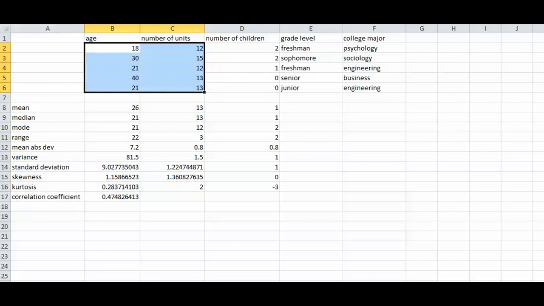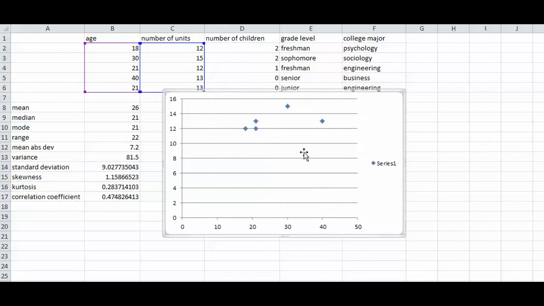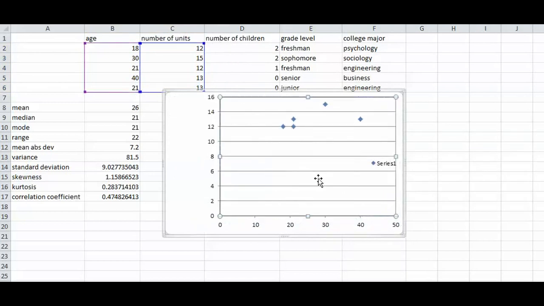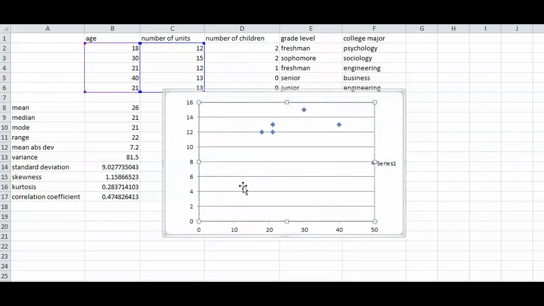You can't see what I'm doing, but I'm going to create a scatter plot. So it is somewhat of a positive correlation, because right here we can see that the dots are rising from left to right. This dot over here is more of an exception to the pattern.